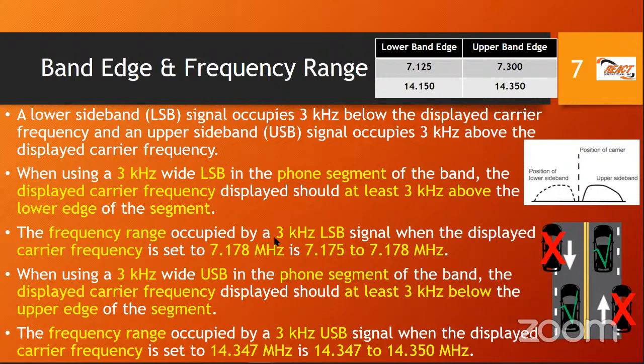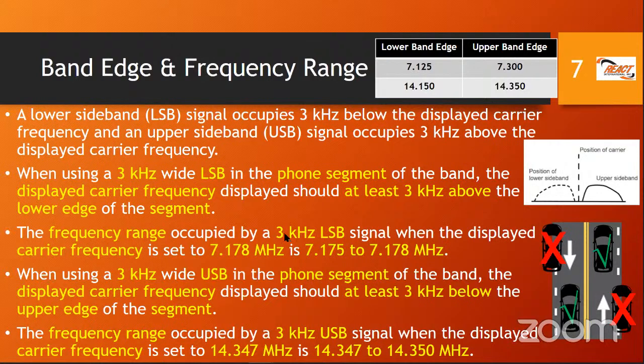The example we have here, which is a question in the question pool, is if you have your carrier frequency set to 7.178, that is, the display frequency on your radio says 7.178, and you're using lower sideband or LSB, that means you're going to be transmitting all the way to 3 kilohertz below 7.178. So your transmission will actually occupy from 7.175 to 7.178.